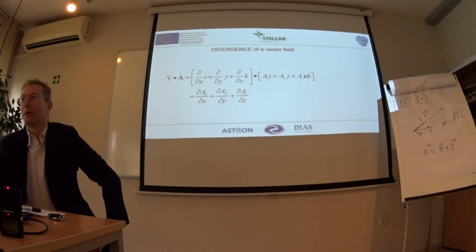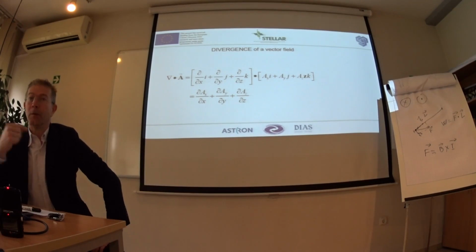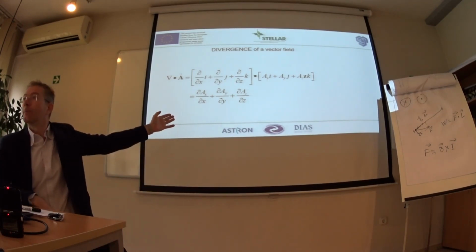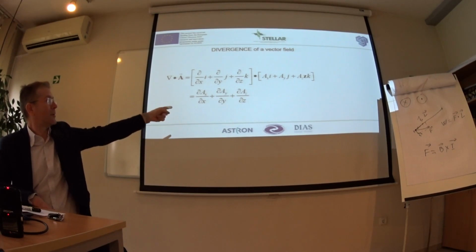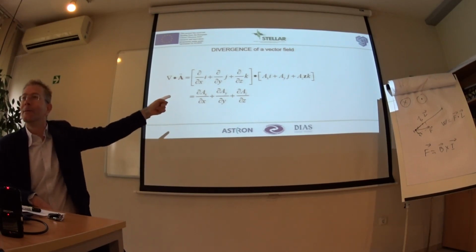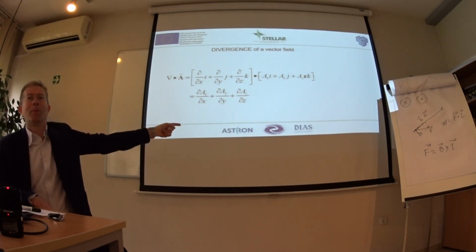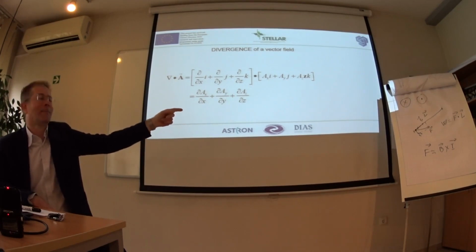This is how the divergence of a vector field is derived. And what will be the result? General direction of the vector field. The result is a scalar, as we can see. It's a number. Speed of the vector field.